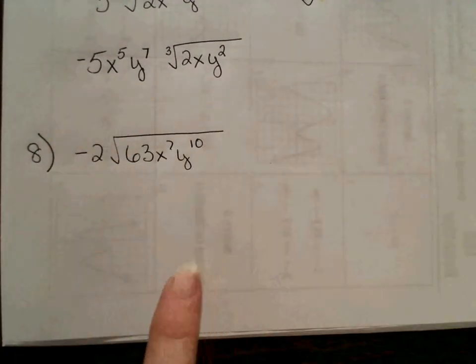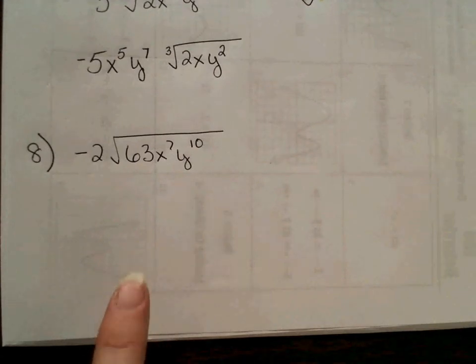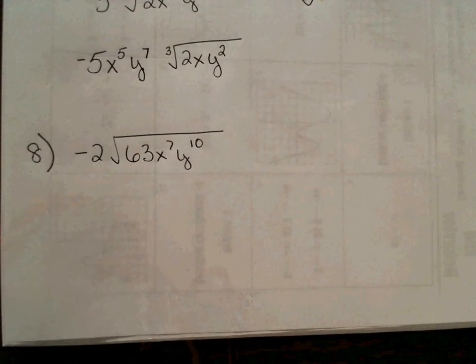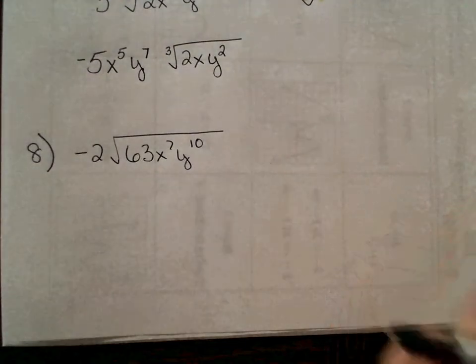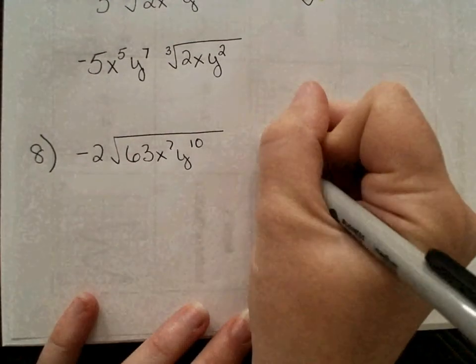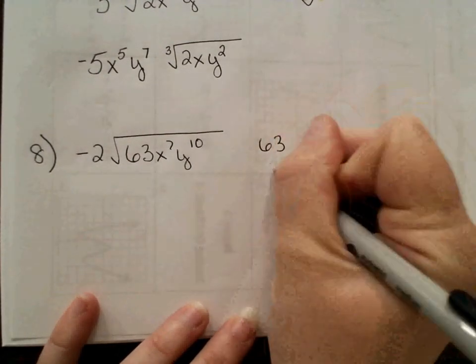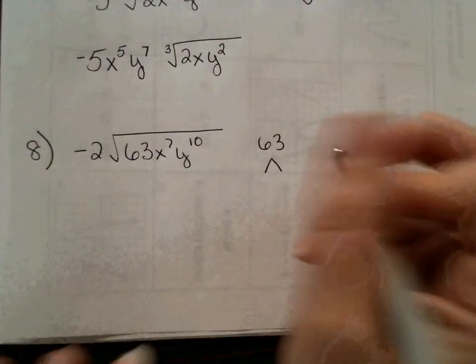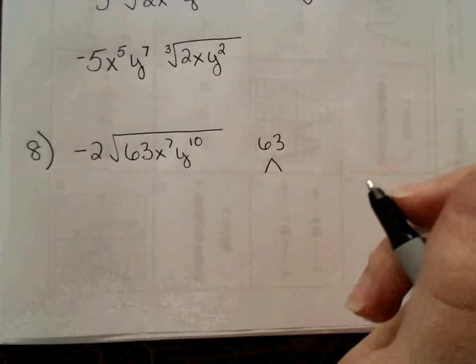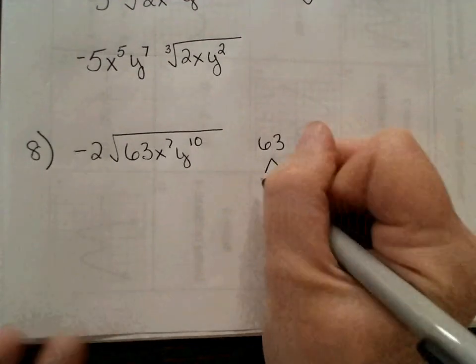How would you write this? It would just look like 2 root 63. Oh, multiply those. So negative 2 times the 3. Okay, break down 63.